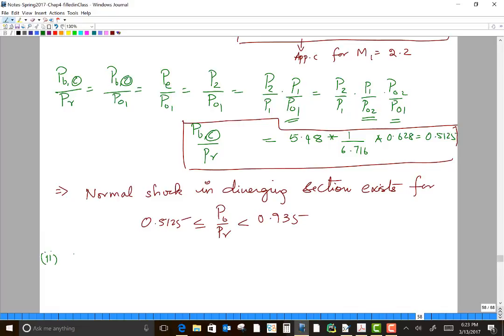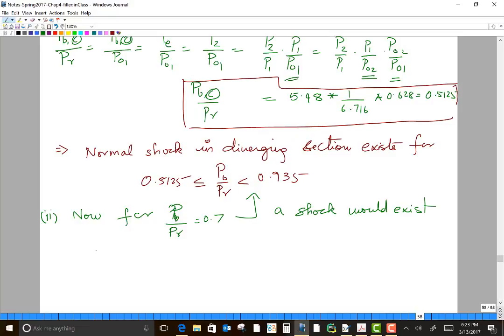So now for PB by PR equal to 0.7, from this a shock would exist, and so use equation 131 to get ME.